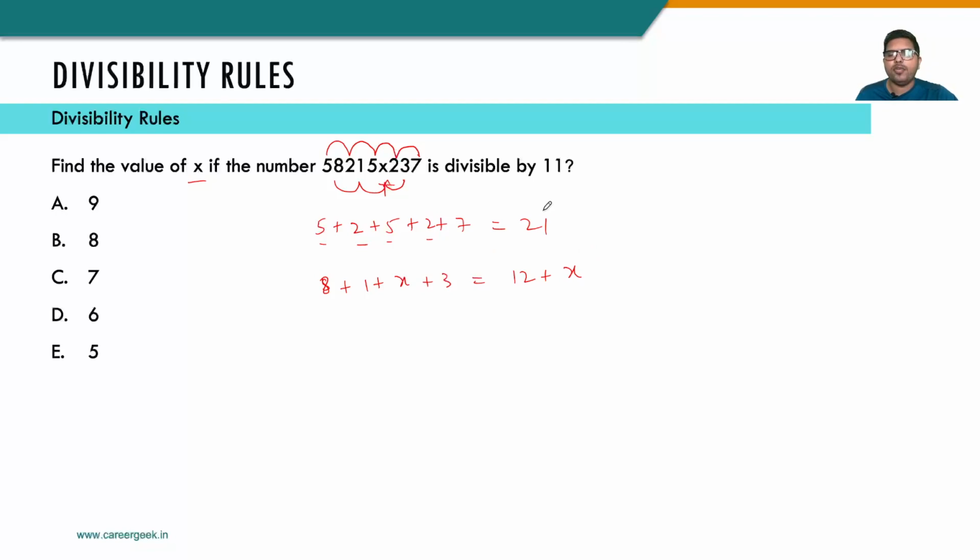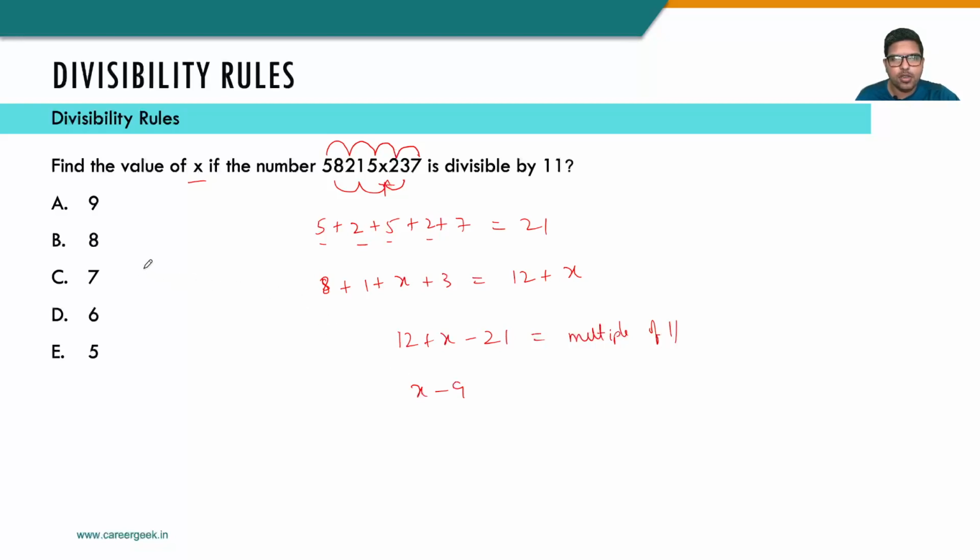So the difference of these, I can take either way. 12 plus x minus 21 has to be a multiple of 11, which means x minus 9 should be a multiple of 11.